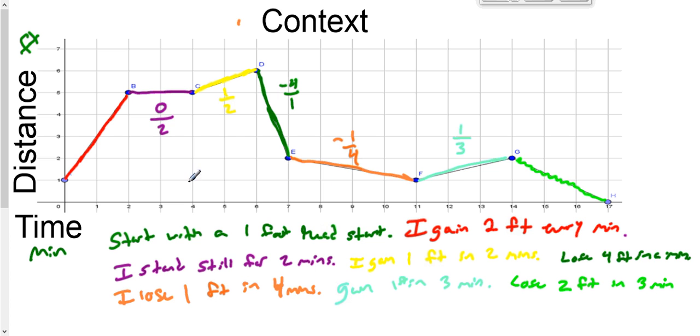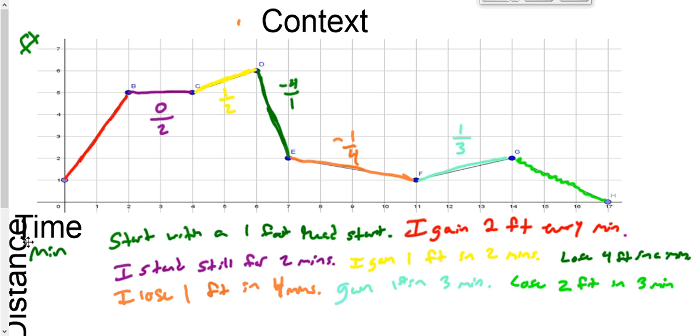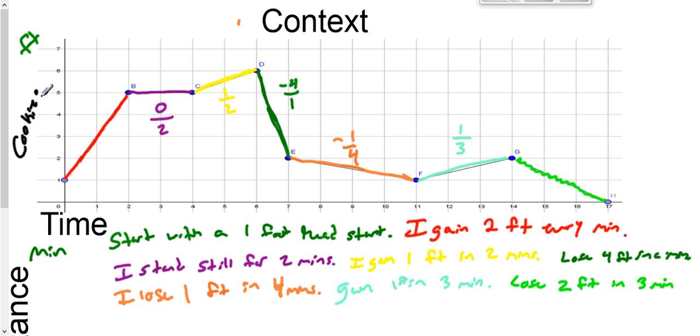So each slope has a context using whatever these variables happen to be. If I were to change it from distance to time, instead of distance, maybe cookies. So I start with 1 cookie, so every time we see the word foot or feet, we'd use the word cookie.